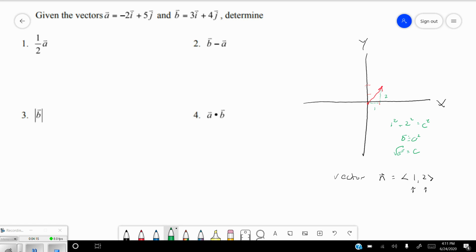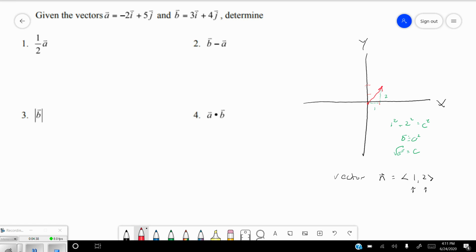Normally, if we took the square root of both sides of an equation, we would have to do the plus or minus, but because this is a distance, there is no such thing as a negative distance, so it's just going to be the positive square root of 5. A couple other things about that vector: it does not have to start at the origin. It could start anywhere.